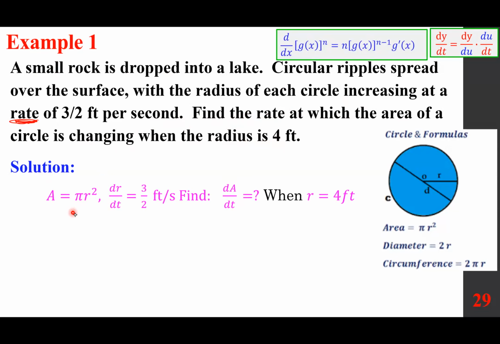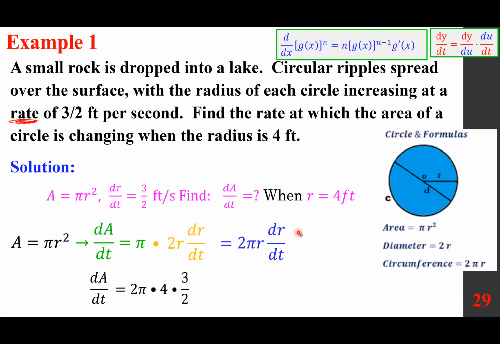So if A is this, dA/dt is pi, which is a number, times r squared, which gives you 2r dr/dt, or 2 pi r dr/dt. So all you have to do is replace the r with 4, replace the dr/dt with 3/2, and please understand that means 4 feet. That means 3/2 feet per second.